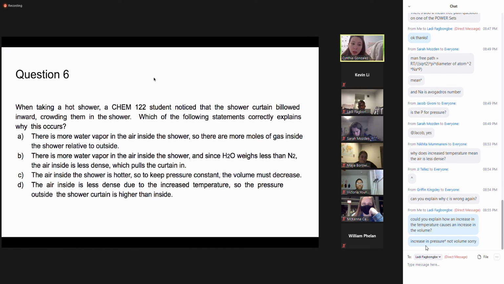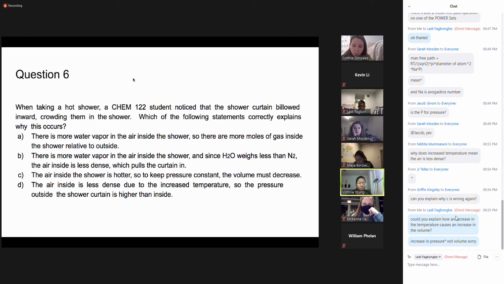The air particles are just moving. So if you're increasing the heat inside the shower, the particles are going to be moving, and they're going to have pressure going against the shower curtain. And so instead the volume would increase.